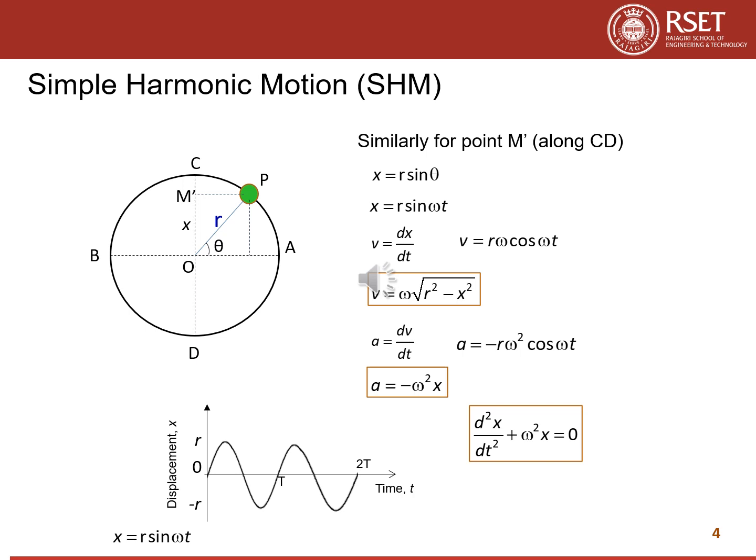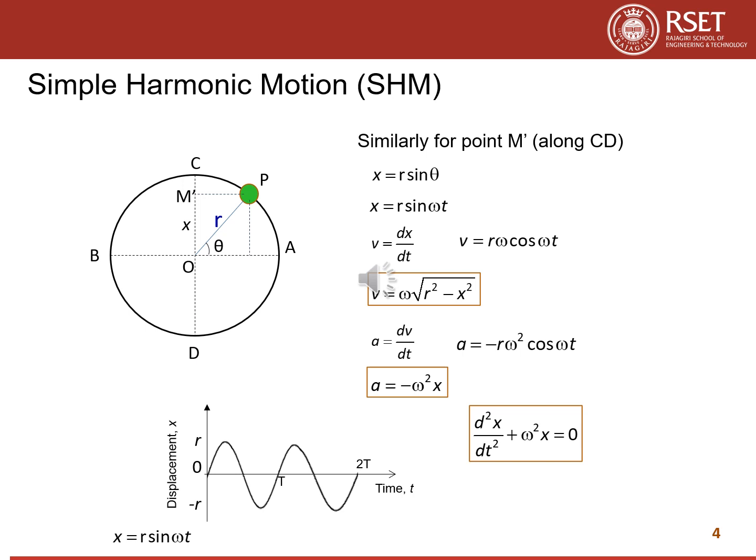So we will be getting v is equal to dx by dt, or v is equal to r omega cos omega t, or v is equal to omega square root of r square minus x square. Similarly, acceleration a is equal to dv by dt, that is, a is equal to minus r omega square sine omega t. That can also be written as a is equal to minus omega square x. So it is similar to the previous equation. That means this is also a simple harmonic motion.